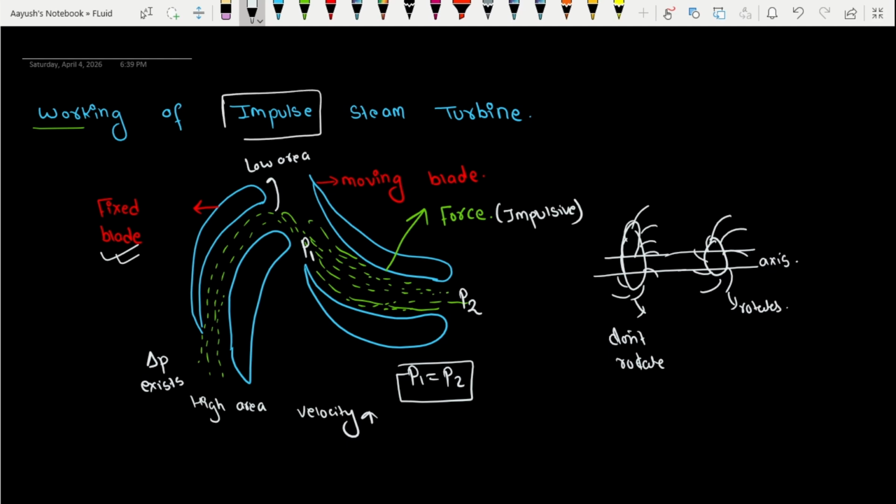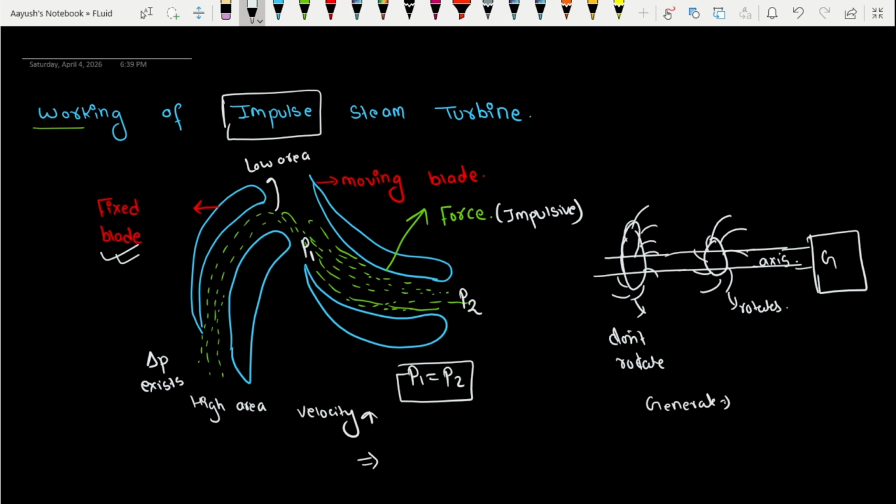Now one thing to notice is why you have to increase the velocity. Why don't we let the velocity keep on decreasing? Because this axis, look at this axis, is connected to a generator, and the generator has to produce 50 hertz electricity.